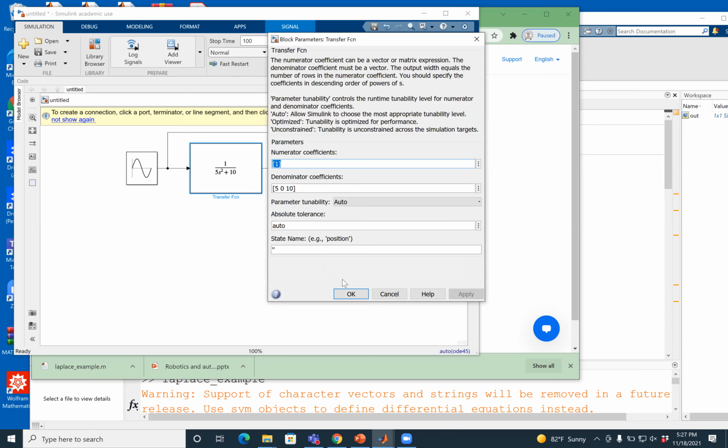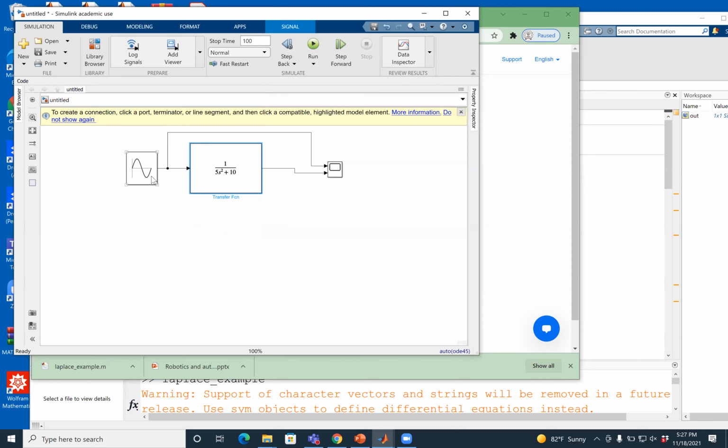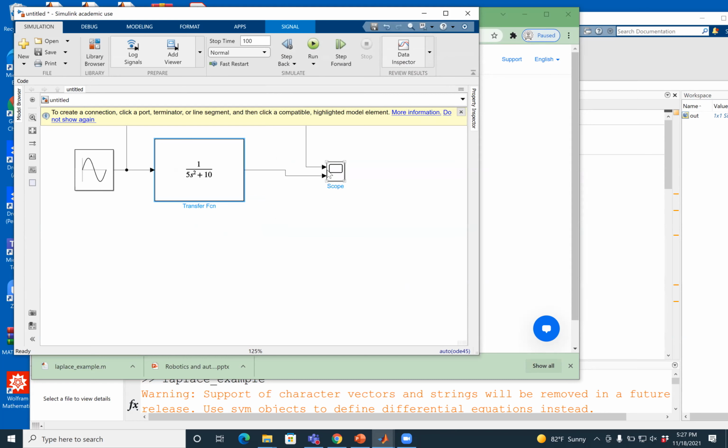And as the frequency of input is changing, the system output is changing. Everyone understood this? This is an important concept.